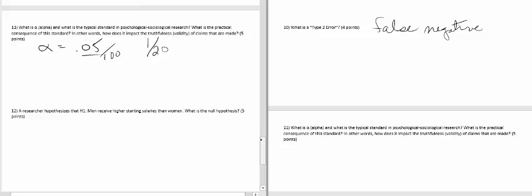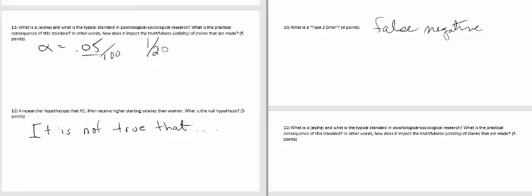Okay, so 12. A researcher hypothesizes that H1, men receive higher starting salaries than women. What's the null? Okay, here's the magic phrase. It is not true that, and then just fill it in with the hypothesis. The null is not the negative, the null is not the opposite of the hypothesis. The null is the absence of the hypothesis.